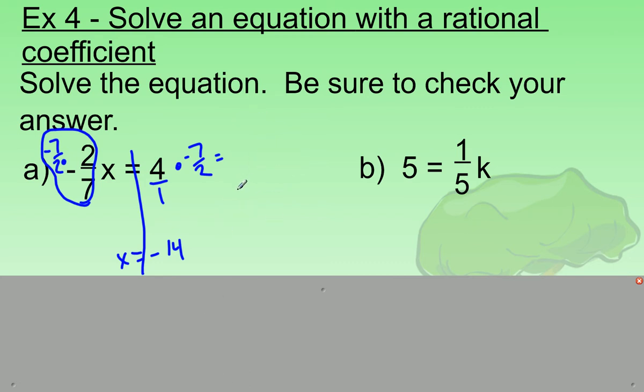Let's check our answer. If I have negative 2/7 times negative 14, hopefully that answer equals 4. Let's see. Turn this into a fraction. On the top, negative 2 times negative 14 is a positive 28. 7 times 1 is 7 equals 4. And yep, 28 divided by 7 is 4. This works out.